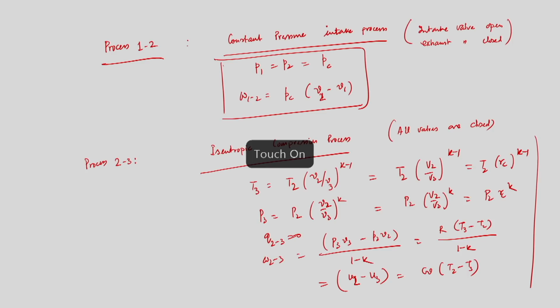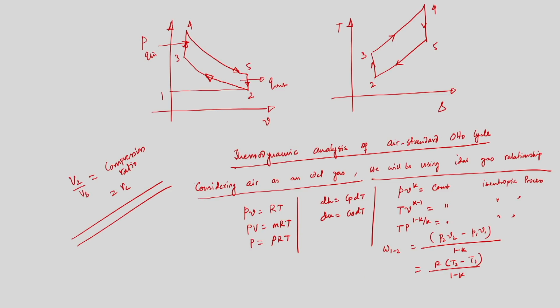So, next is process 3 to 4, and that process is heat addition that mimics the combustion process. So, this process is heat addition, that is combustion, right, and again all valves are closed.